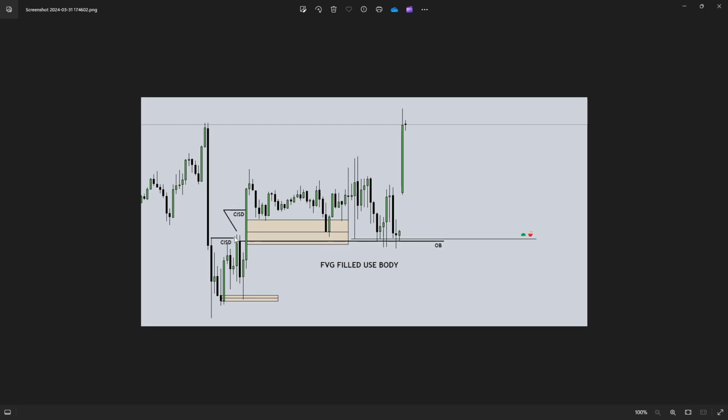It's not that specific to me what you call it. We react up, react bearishly, range, sweep range low, range high, come sweep the range low again, react to the order block, and you see how the fair value gap has been reacted to. That is when I like to use the body.